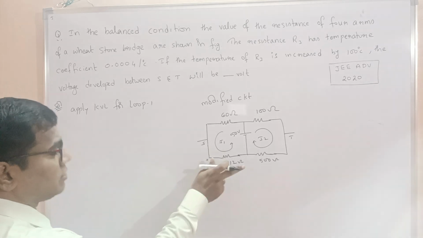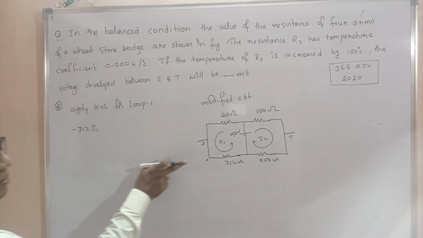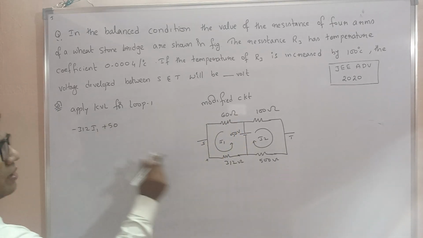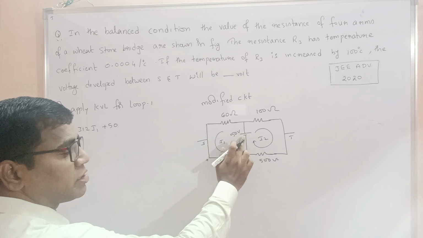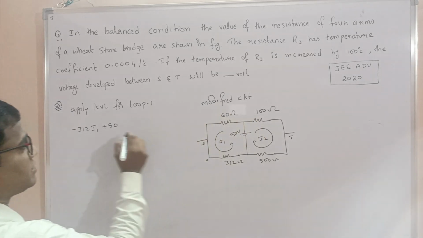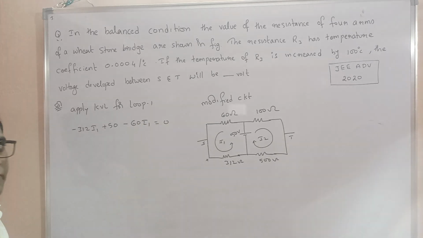From this point, if I start, minus 312 I1, and here it will be plus 50, since I am moving from low potential to high potential. And in this direction, minus 60 I1, which is equal to 0.